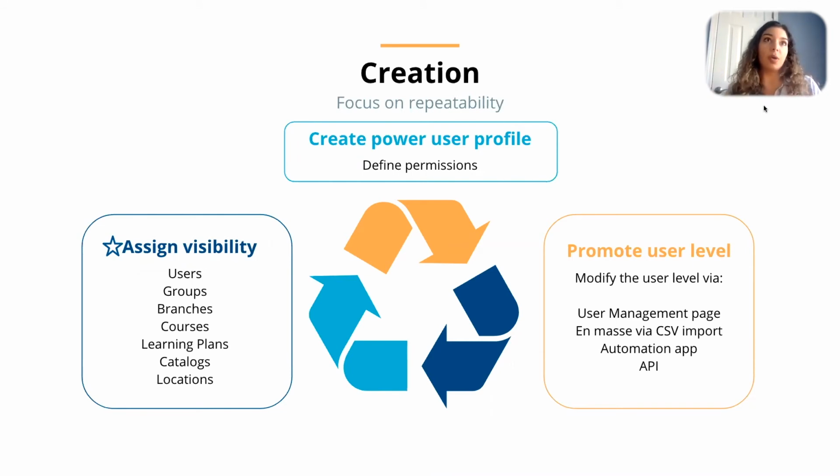So when you have perhaps separate power user profiles, this visibility will impact that power user regardless of the amount of profiles they may have, right? So that will go across the board. I will say course categories are also in there, which has been super beneficial, and you can even trickle down the visibility assignment to locations.